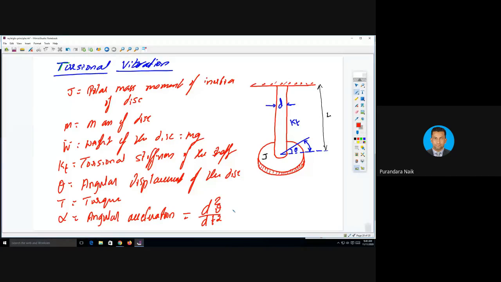Copied. Here we have theta. This is theta.